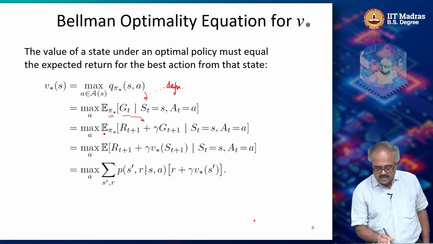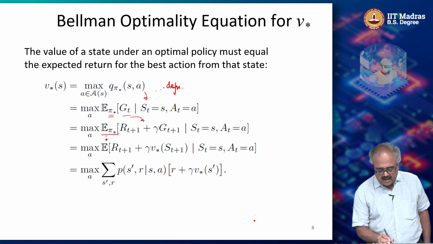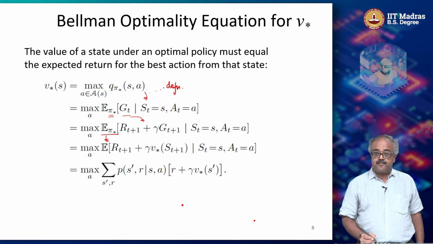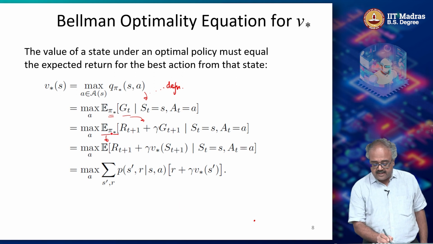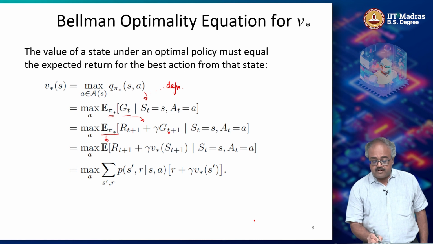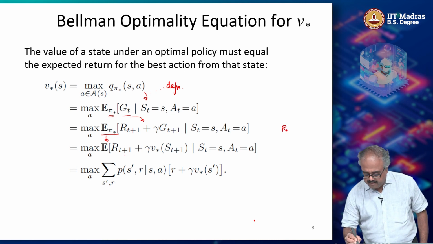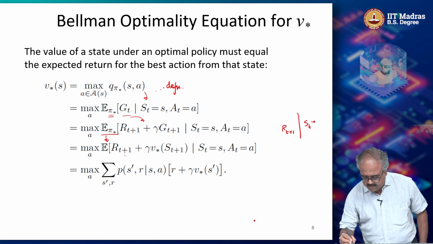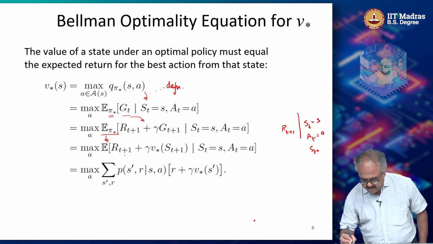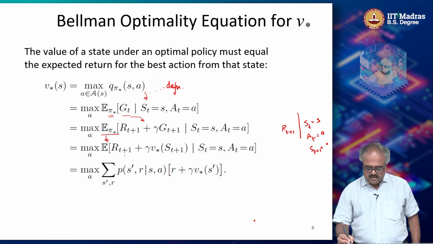Now what I can do is take this expectation and simplify it a little bit by pushing this expectation over pi star into the G. Because RT plus 1 is conditioned on ST equal to S, AT equal to A, and ST plus 1 equal to whatever.